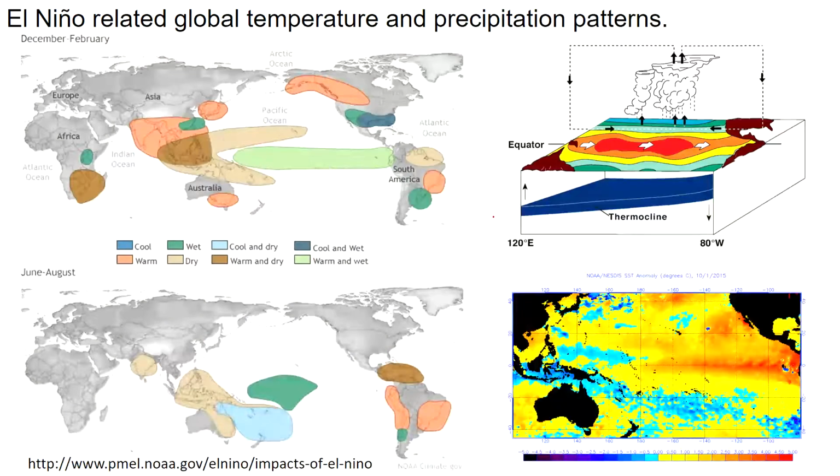If you have lots of warm water over the western Pacific, that leads to lots and lots of thunderstorms over that region, which makes it very, very wet. Conversely, when the center of atmospheric convection moves to the east, that leads to lots of rain here, and no rain here, which has big impacts for the communities that live there in terms of drought and fire and other hazards like that.